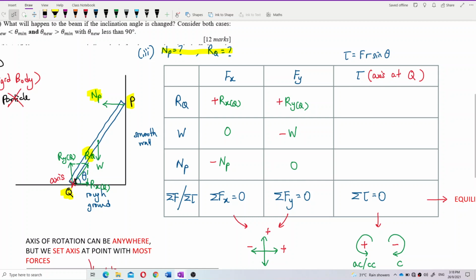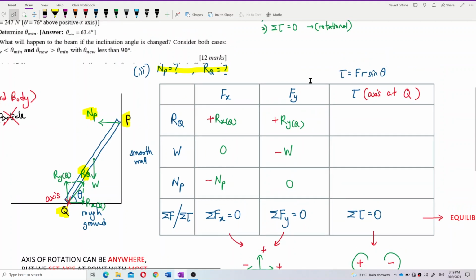So why don't I just put the axis of rotation here so that RQ acts on the axis of rotation itself. When RQ acts on the axis of rotation, the distance R becomes 0. When the distance becomes 0, the torque is 0.